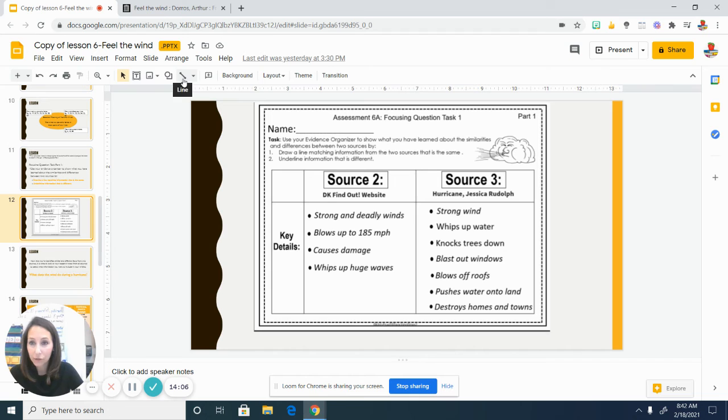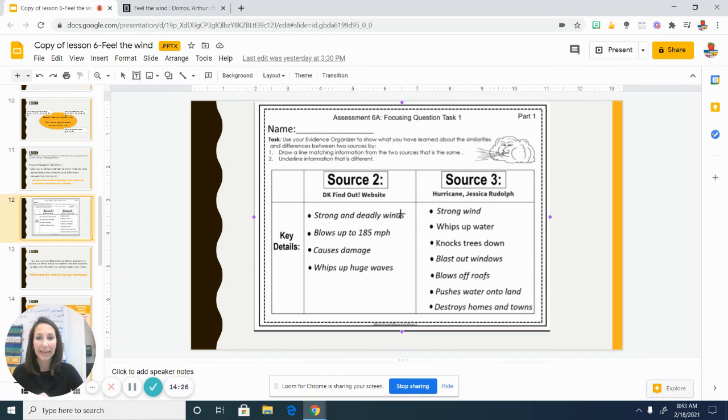All right, so I'm going to try to draw these lines as best as I can using my computer. So let's look at source number 2, this first point, strong and deadly winds. Is there something over here that really is the same information from the hurricane book? Do you see it?